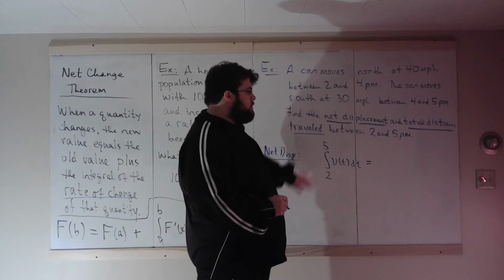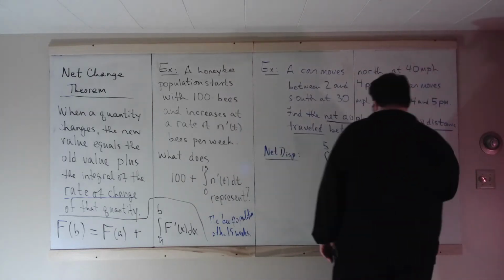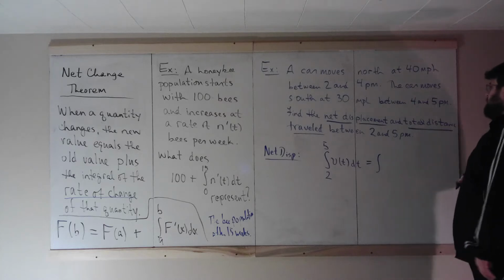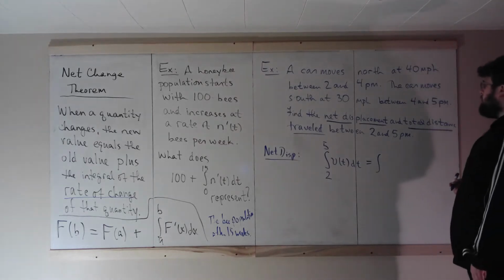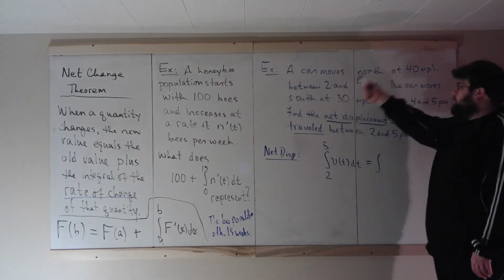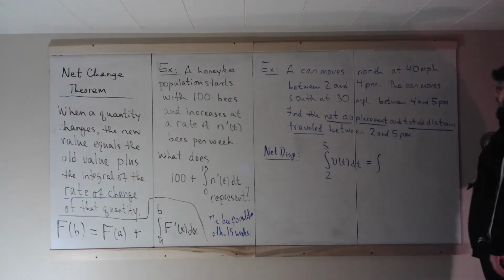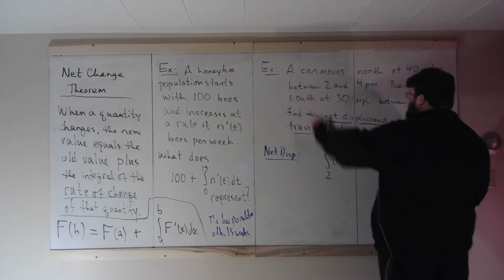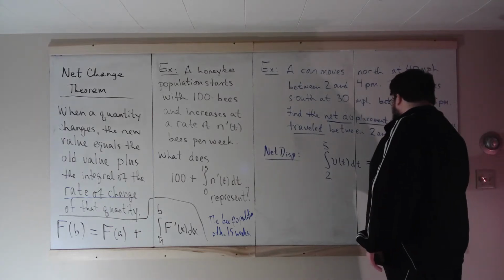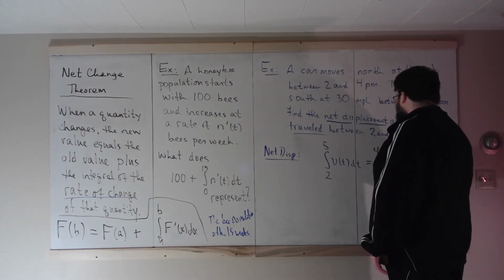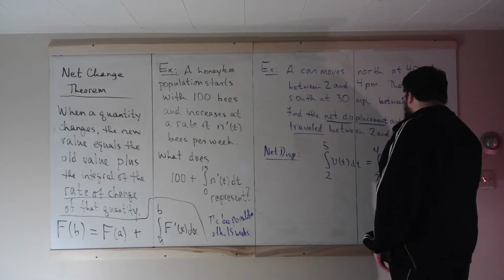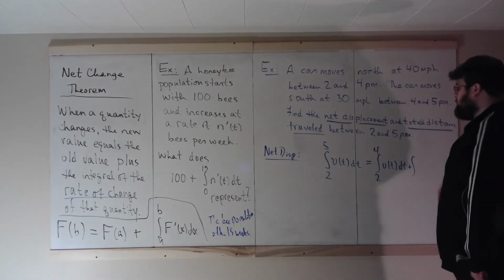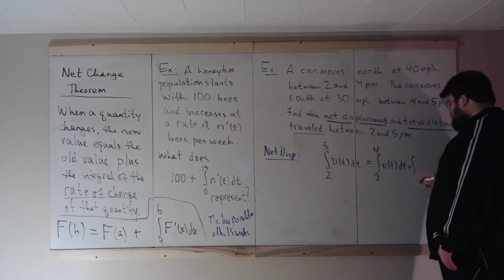I'm going to keep the 2 and 5, just because I knew we were going to have to split it eventually, so I didn't want to have to think of 0, 2, and 3. But the velocity, notice, is a function which changes at time 4. So we can split this integral from 2 to 5. This is how you would do a piecewise integral for a piecewise function.